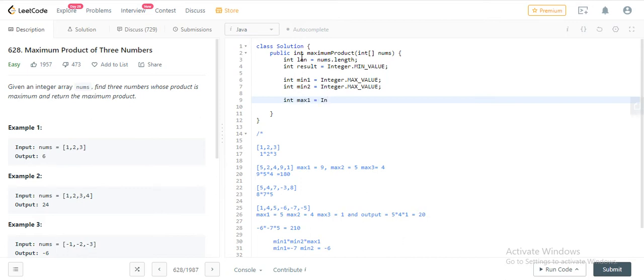I hope you guys know how to find the minimum and maximum, so I'm not explaining that part, but why I'm taking the max value there and the min value there.